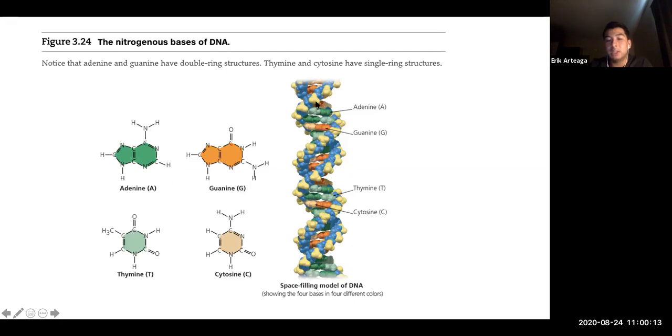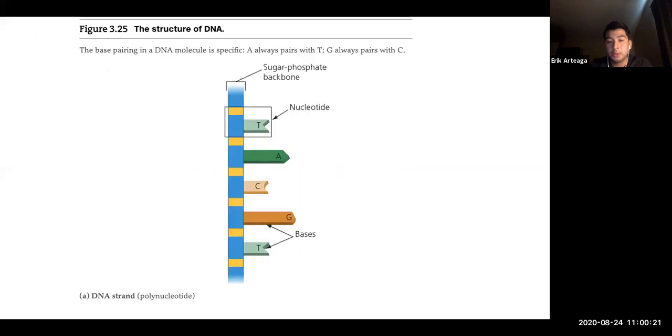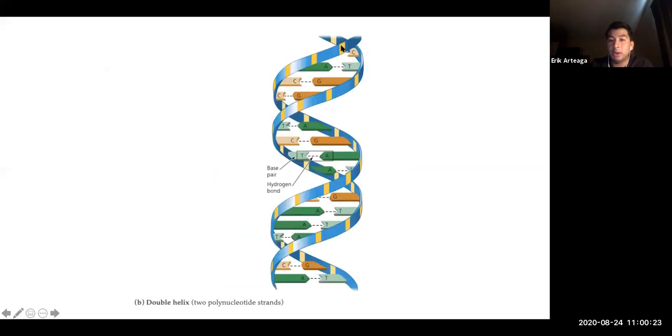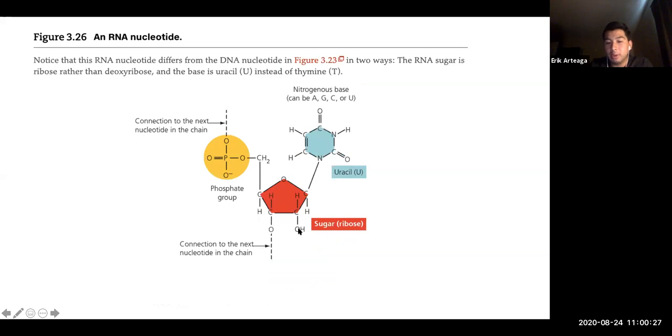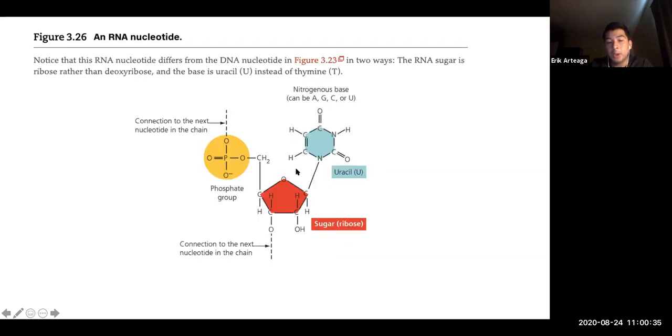And it's very stable in that shape for the reason that it doesn't have this extra OH group here, and it allows the molecule to form that double helix structure, or that twisting, okay? If the OH group was present here, it's much more difficult to form this double helix structure. It's much more difficult to have it organized in this way, okay?